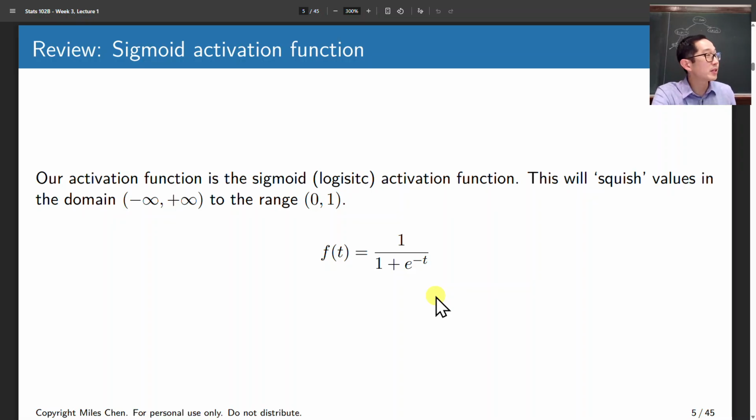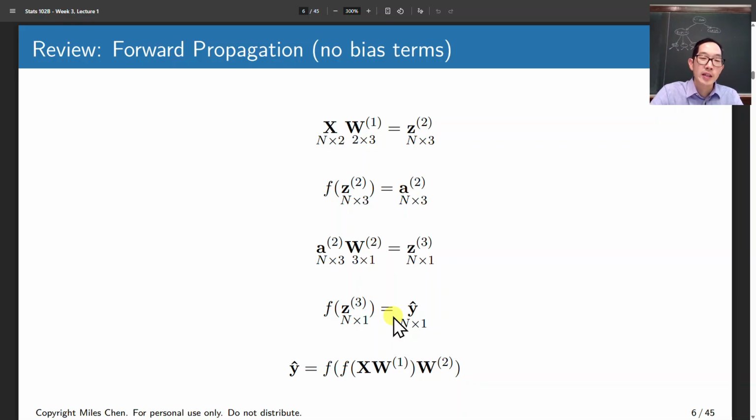Here we're applying the sigmoid activation function, also called the logistic function. More popular today is the rectified linear unit, but the sigmoid function has historical popularity, and so we'll use that through our example today.